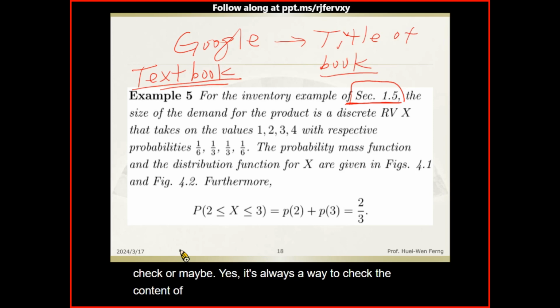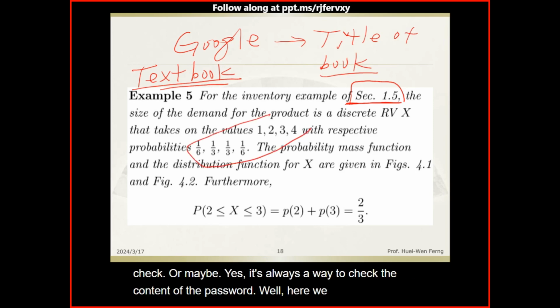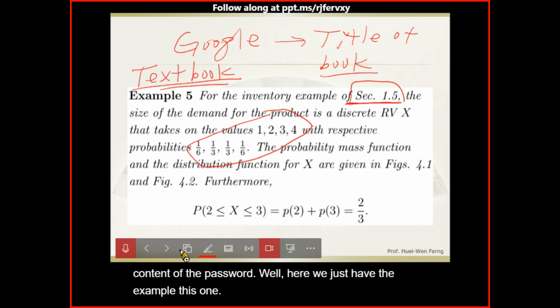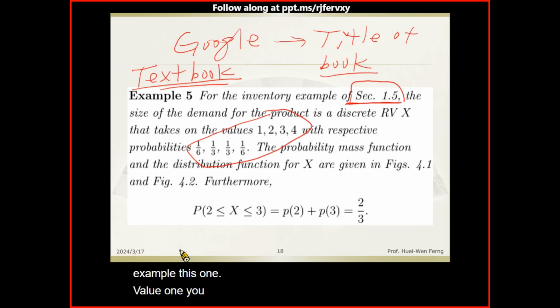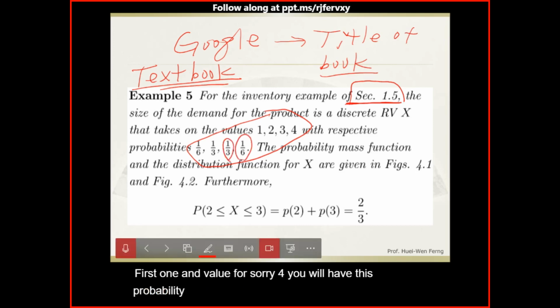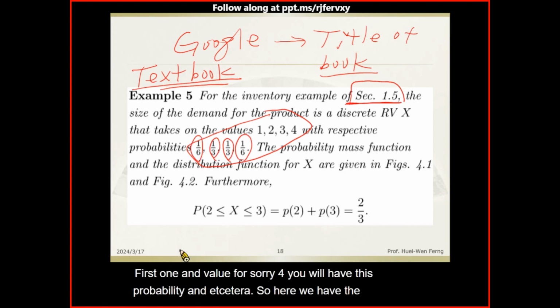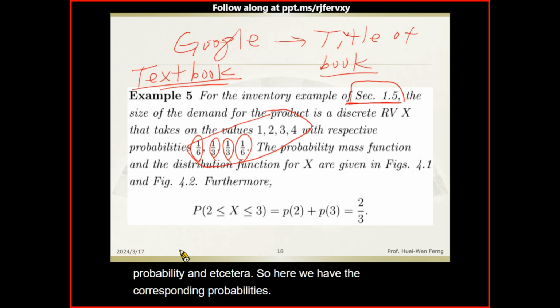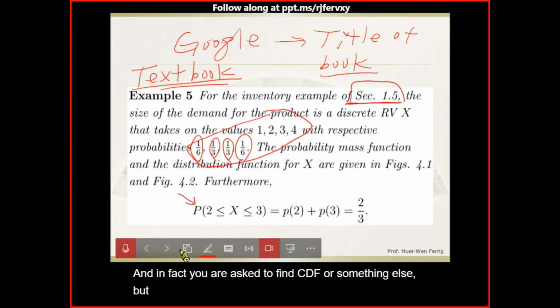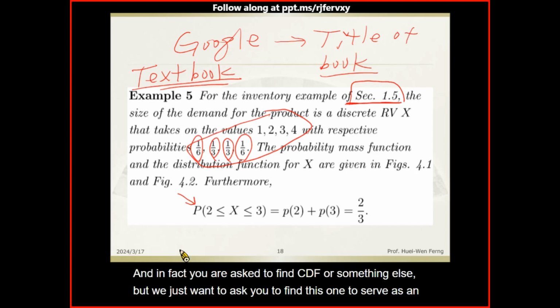Well, here we just have the example. Value 1 has a probability, the first one, and value 4 has this probability, etc. So here we have the corresponding probabilities. You are asked to find the CDF or something else, but we just use this one as an example of how to collect the probability.